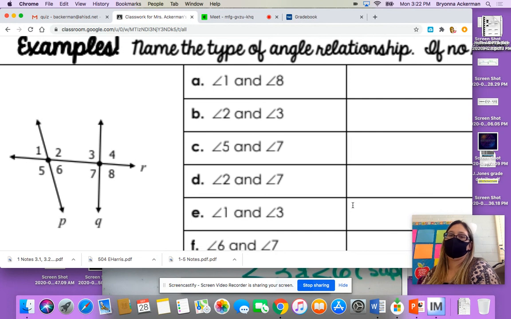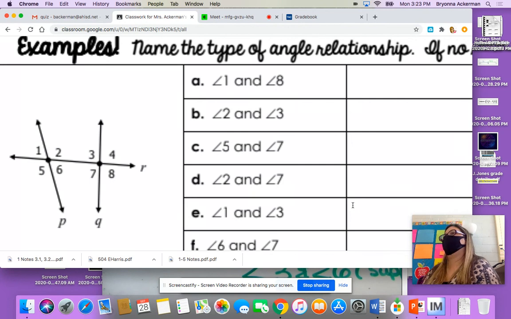Alternate exterior, perfect. What about 2 and 3? You might have to turn your head a tad, because it's kind of sideways. 2 and 3, what kind of relationship? Are they interior angles or exterior? Interior. Are they on alternate or same side? So they're same side interior, or consecutive.